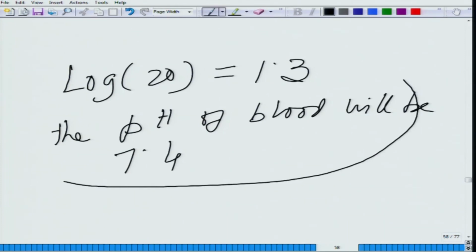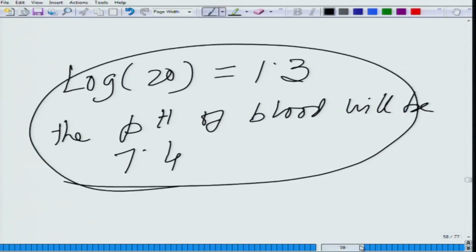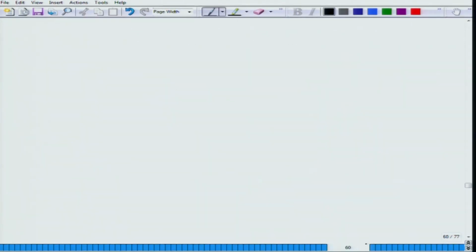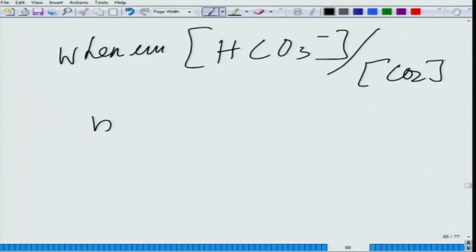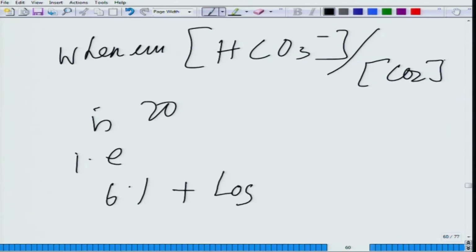So, whenever HCO3 minus upon CO2 is 20, that is 6.1 plus log 20, which is equal to 6.1 plus 1.3, makes it 7.4.